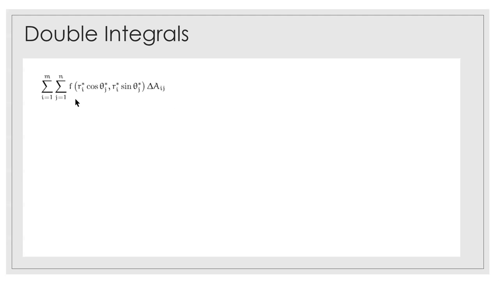Now the function has to be in polar coordinates, so it's f of x, y, but my polar x is r cosine theta, my polar y is r sine theta. So let's rewrite all this. This we really can't fix, but this I can rewrite using what I figured out on the previous page.